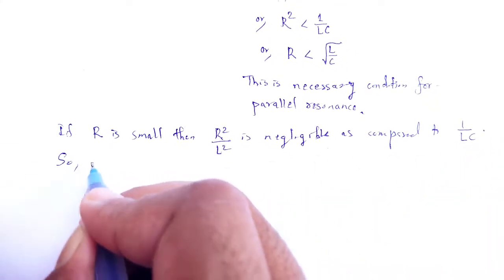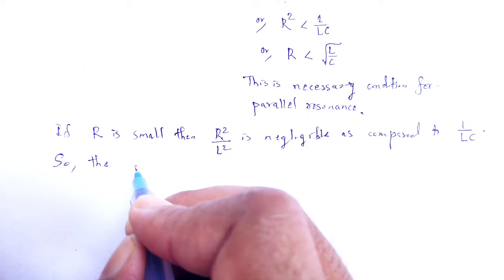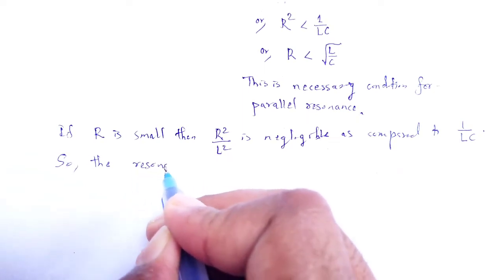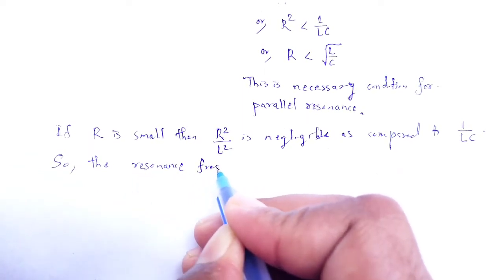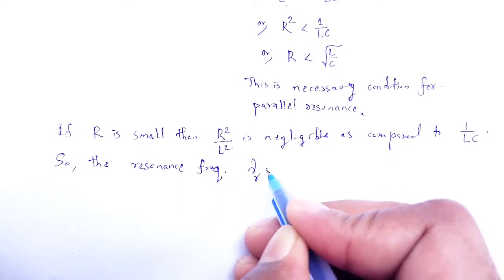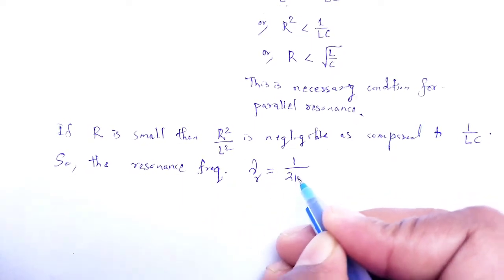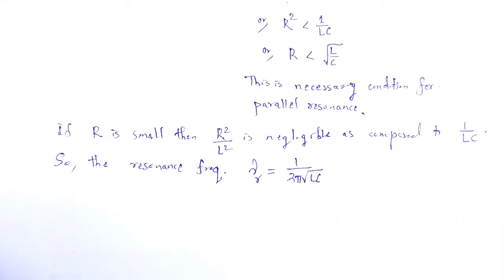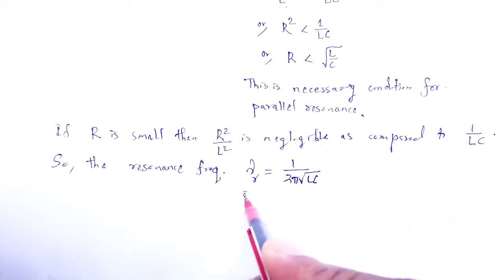So the resonance frequency nu R is equal to 1 by 2 pi under root LC, at the resonant frequency.